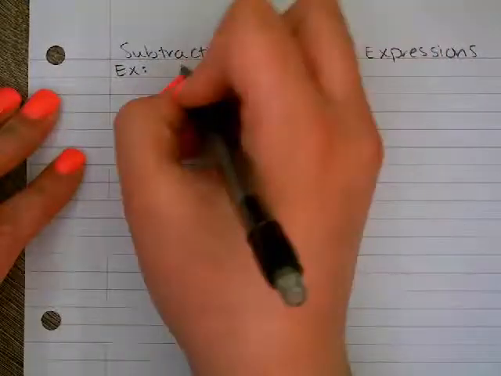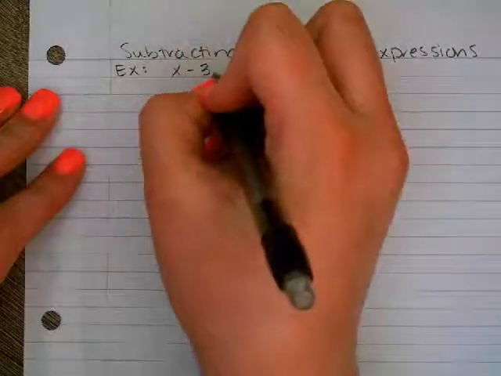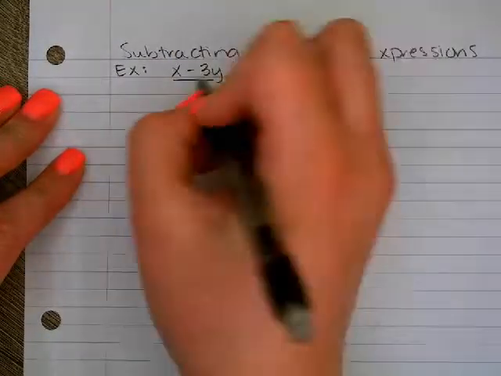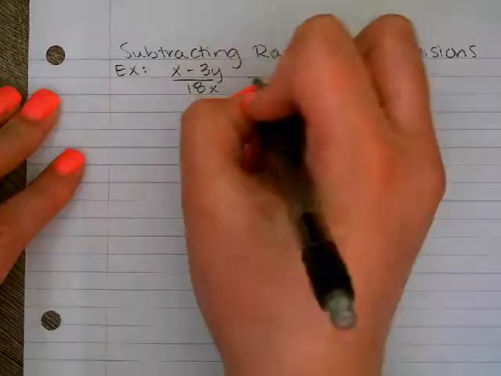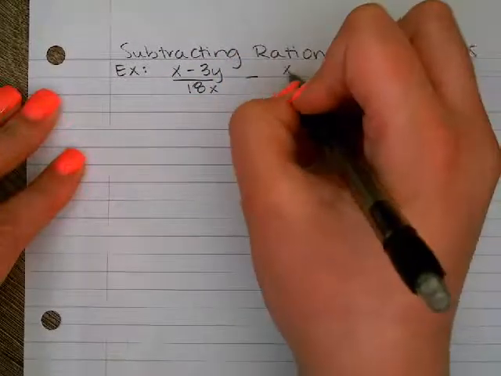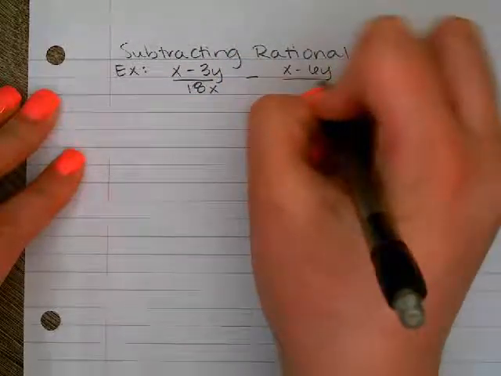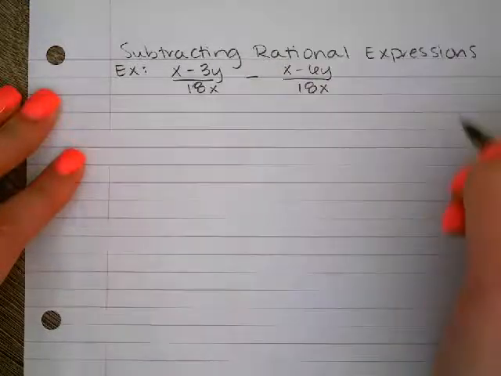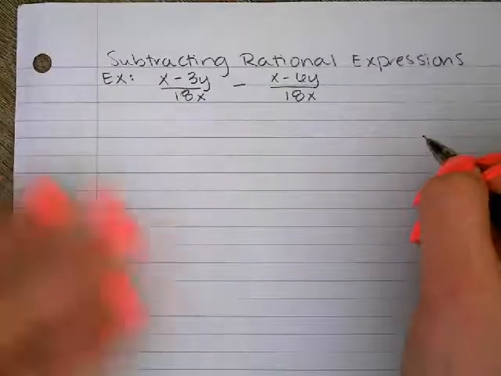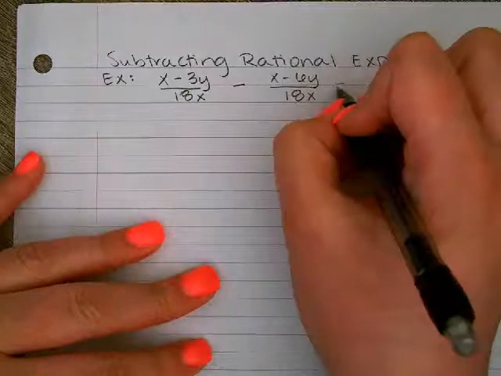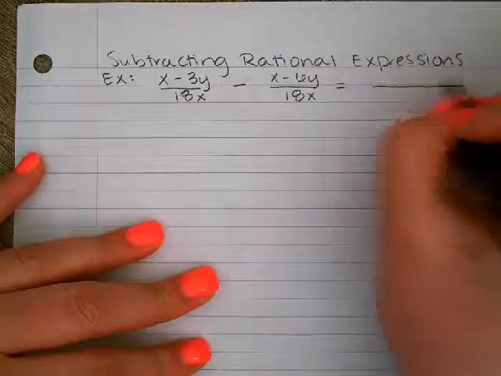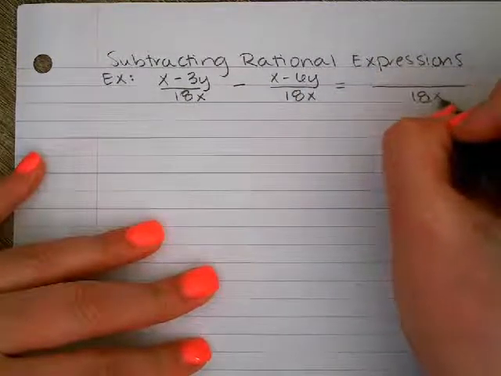All right, for the first example, we're going to do (x minus 3y) over 18x minus (x minus 6y) also over 18x. Just like we did before, we have a common denominator, so we're going to write this problem over that common denominator.